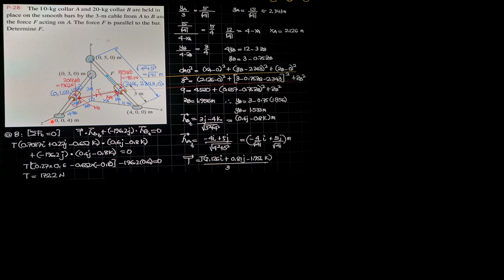So 0 minus 0, so 0i, plus 3 minus 0, so 3j, then plus 0 minus 4, so negative 4k, and divided by square root of 3 squared plus 4 squared, so that this is the unit vector of that bar: 0.6j minus 0.8k. So take note that on collar B, there are 3 forces. We have the tension in AB, we have the normal reaction on this bar, and 20.981.